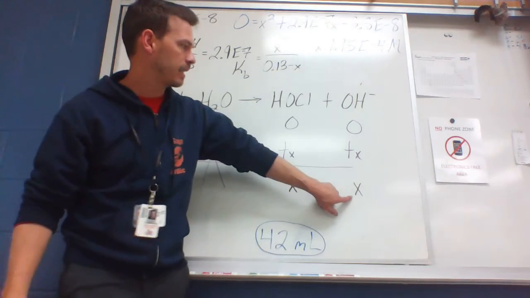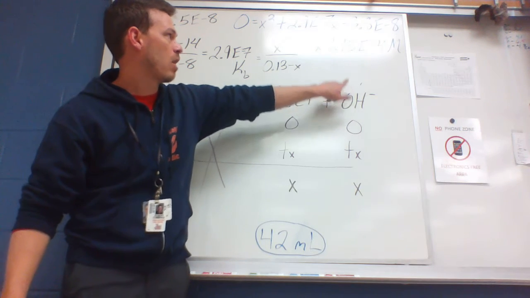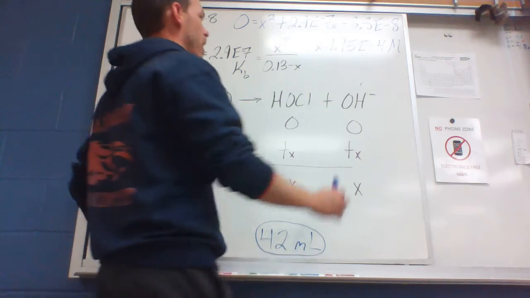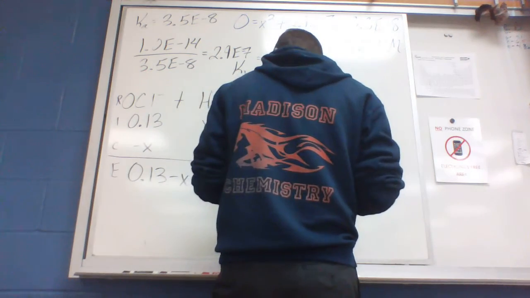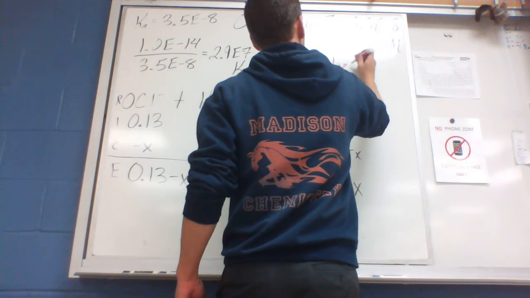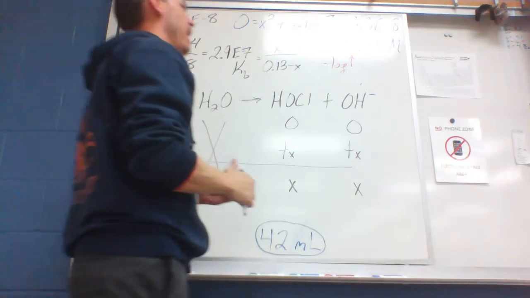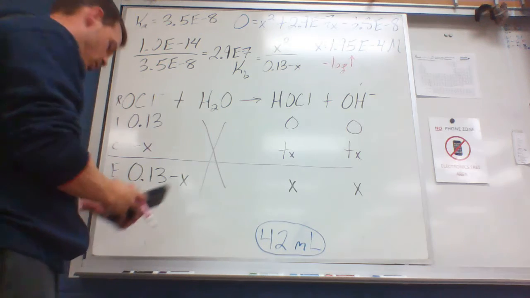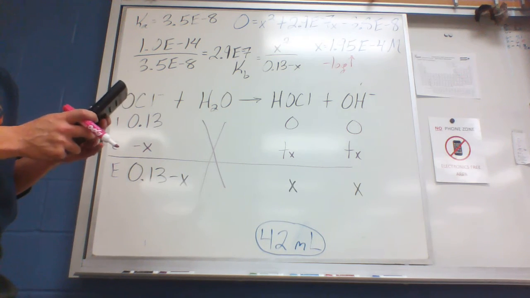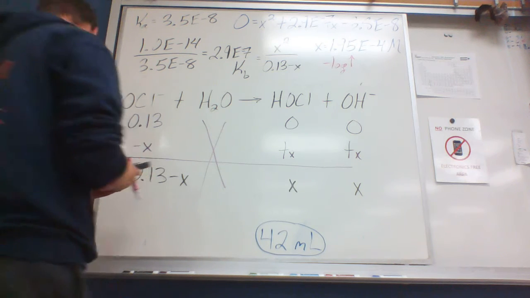Yeah. So keep in mind what you found there. X is the concentration of the hydroxide. All right? So if we go negative log of that number, it'll give you pOH. So I'm going to go negative log 1.95 E negative 4.